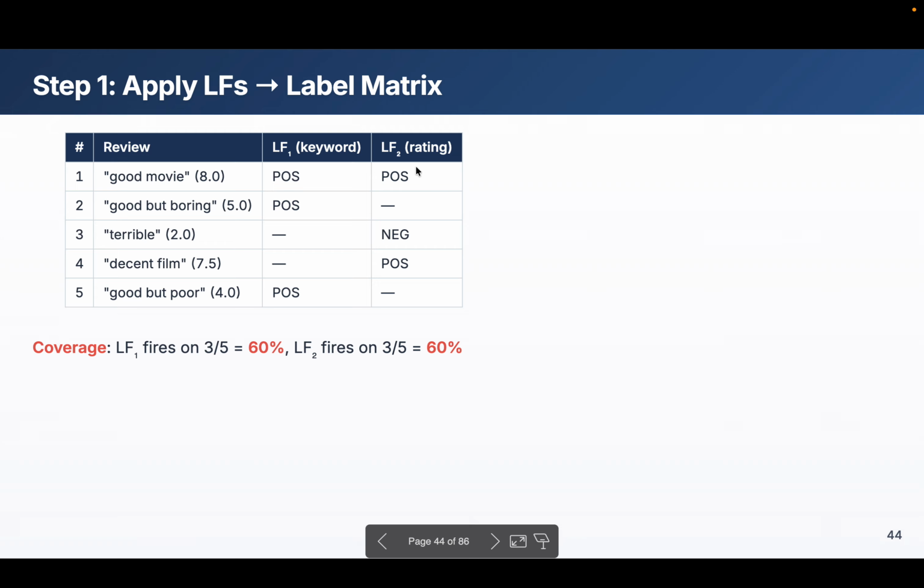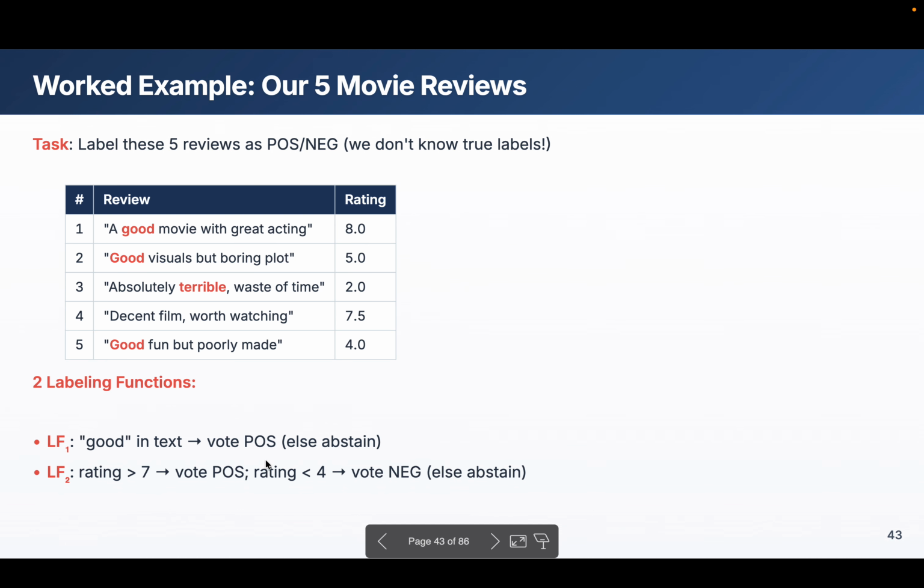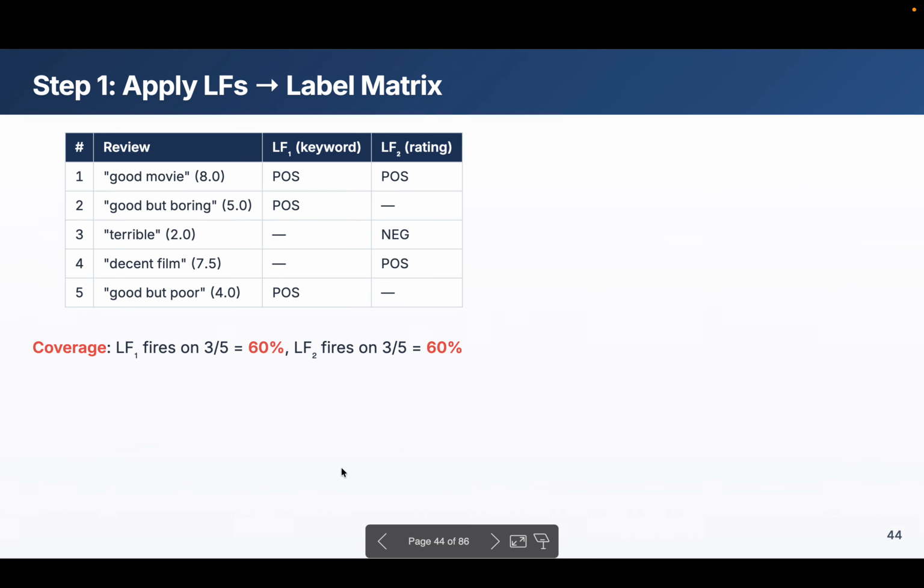LF2 will also rate it positive because the rating is 8. Good but boring: the word good is mentioned, so LF1 will label it positive. LF2 will not label it because it labels only ratings greater than 7 or less than 4, and this is a 5.